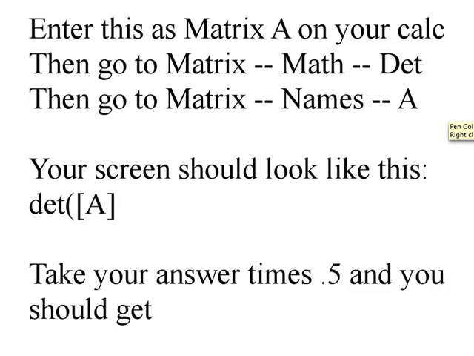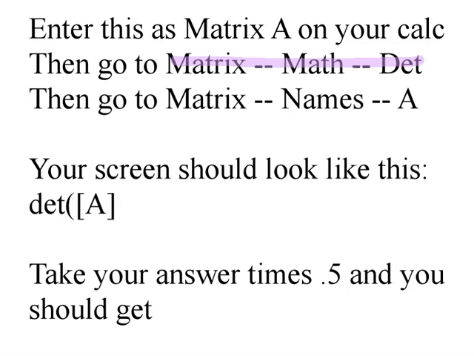Okay. Go to Matrix, Math, and Determinant. So go to Matrix. Up at the top, you should be able to select Math. The first one says DET with the parentheses, so I want you to hit enter. That's going to take you back to the calculate screen.